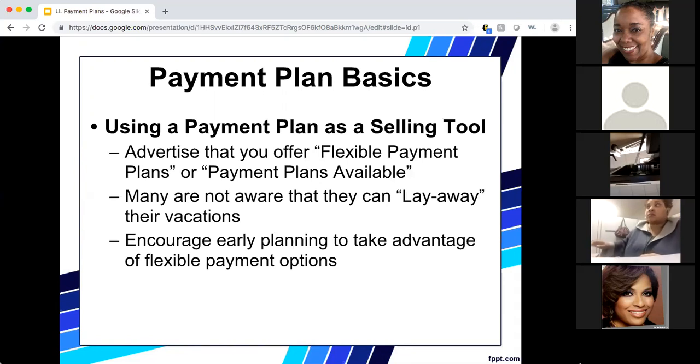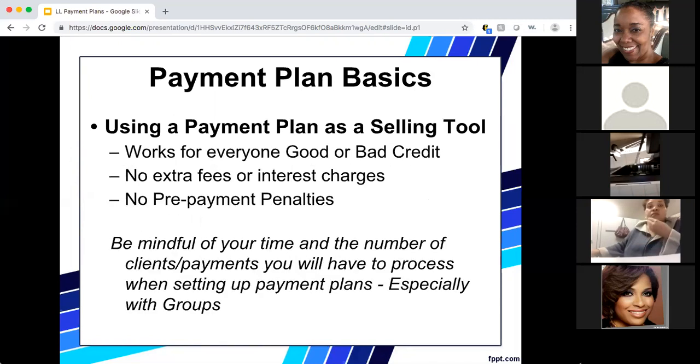Perhaps you can add in some additional amenities, and the cost point can be a little bit higher if they realize they don't have to come out of pocket with all of it at one time. Offering that and making sure that people know that you are that travel professional. That's one of the benefits of using a travel agent as opposed to just booking it themselves, is that you can help them manage and be able to purchase the vacation of their dreams and just plan it out a little bit better for them.